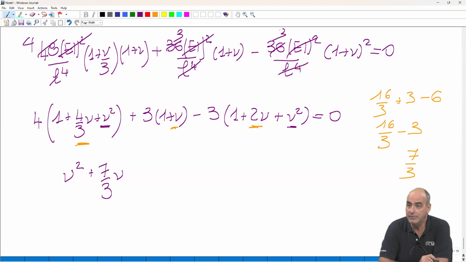And then the known terms: 4 plus 3 minus 3 is plus 4, equal to 0.